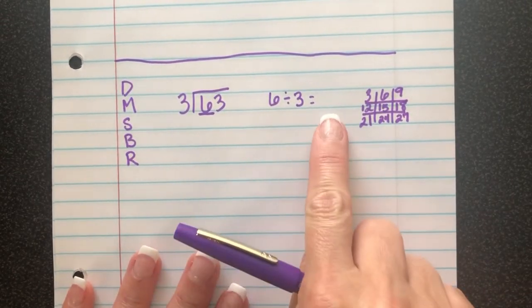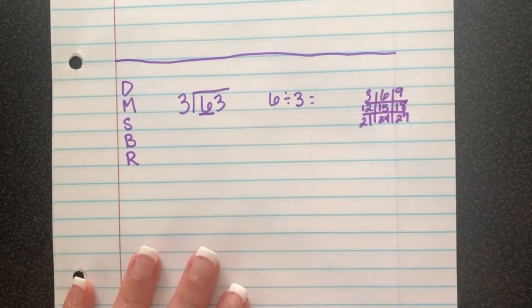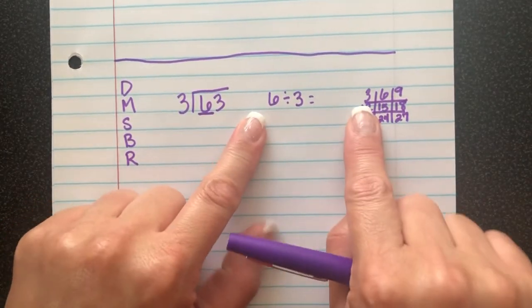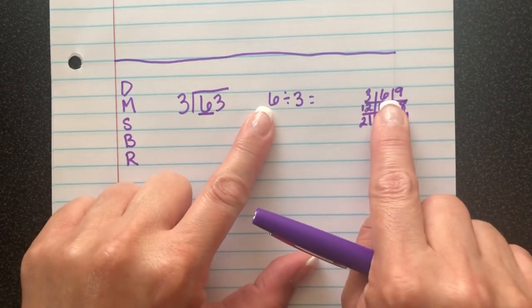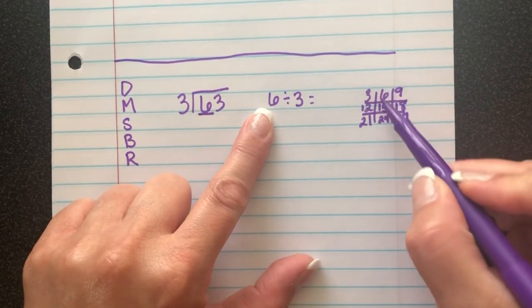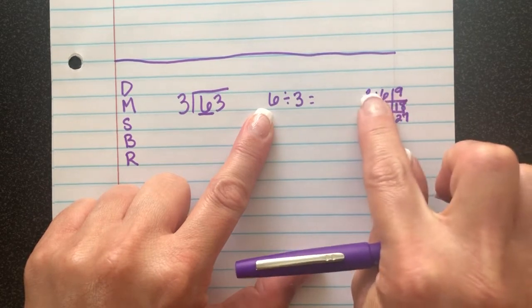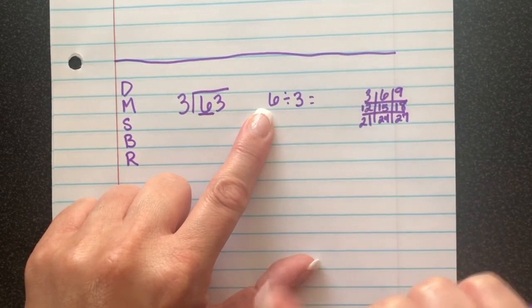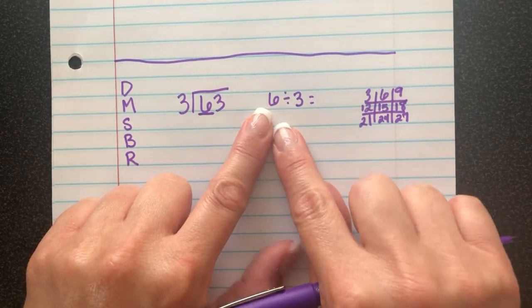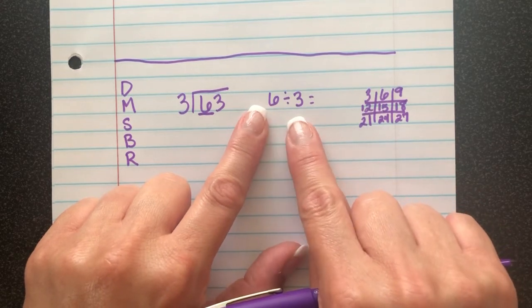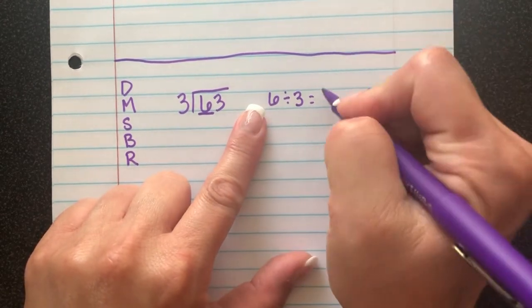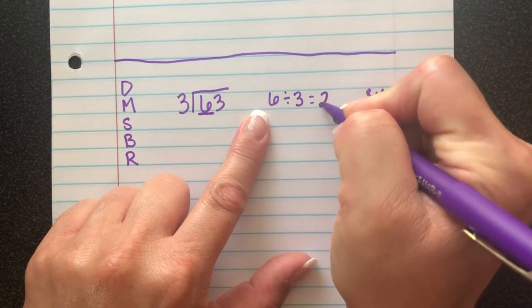Or you can think, what can I multiply times 3 that gives me 6? If I look at my multiples here, I can get 6 exactly. That would be 2 groups, because 2 times 3 equals 6. If you know your fact families, that means that 6 divided by 3 has to equal 2.